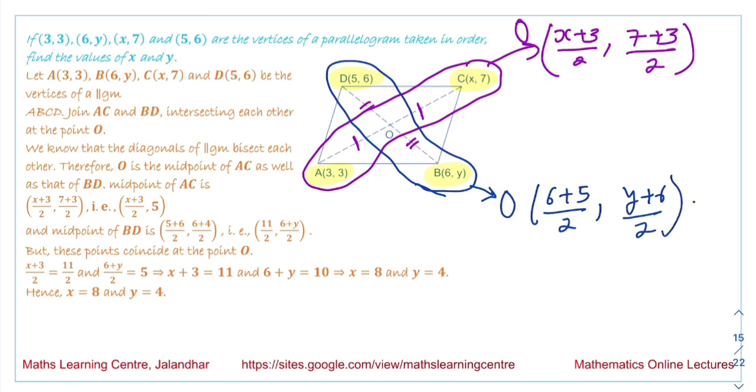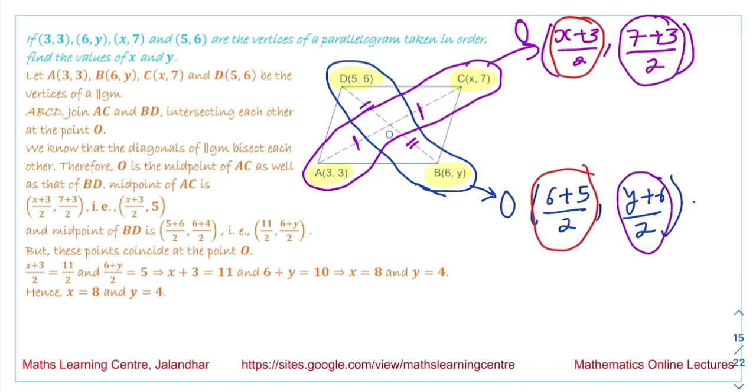Both these are the coordinates of this point O. So the x coordinate should be equal, and the y coordinate should be equal. So we get x plus 3 by 2 equal to 6 plus 5 by 2, and 7 plus 3 by 2 equal to y plus 6 by 2.